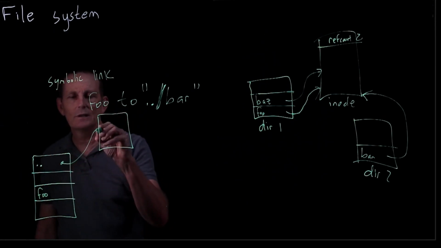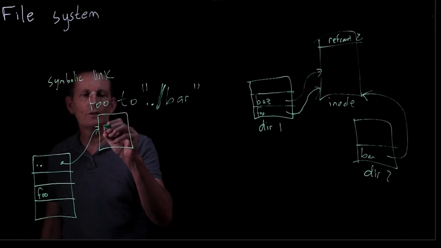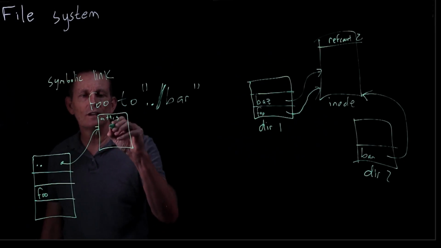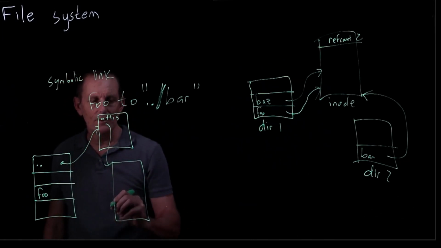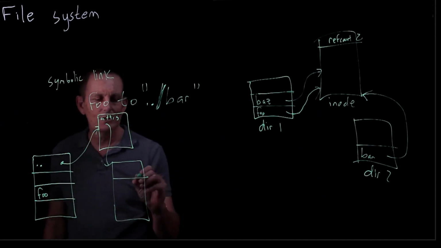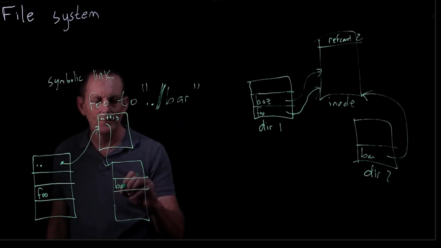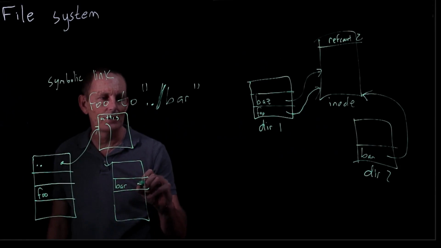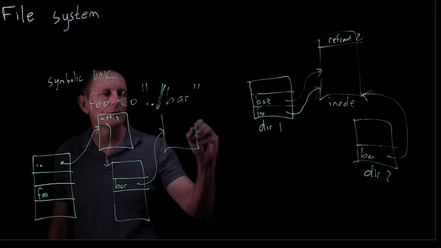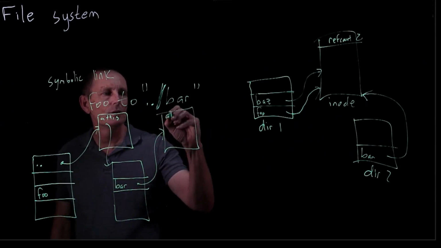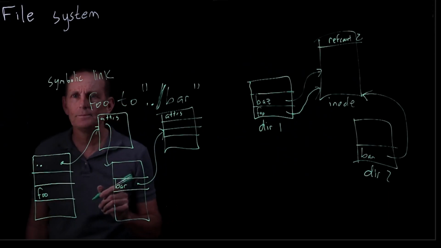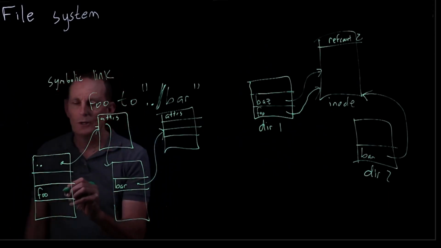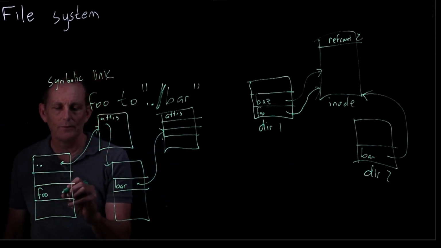So this points up here, and the inode has attributes and has a pointer down to a block, right? And within here, we assume we have a bar, right? And we have now an inode number for bar. And then we have some blocks that actually point to the actual data. Foo would point to its own inode, right?